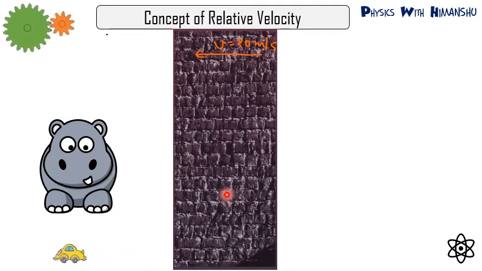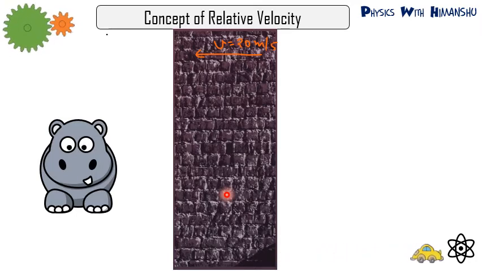So when I am moving towards a wall, in reality, I am moving, the wall is stationary. But with respect to me, I will be stationary and the wall will be moving towards me. Okay, so this is the concept of relative velocity.